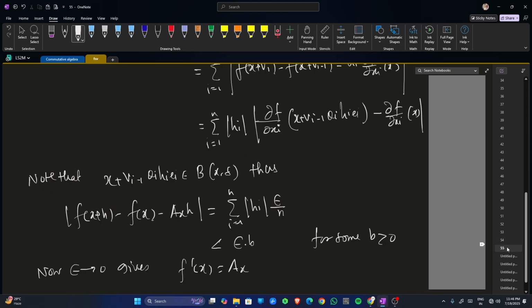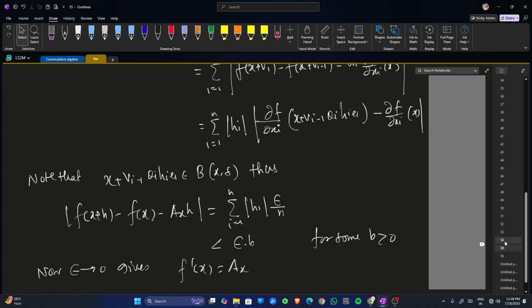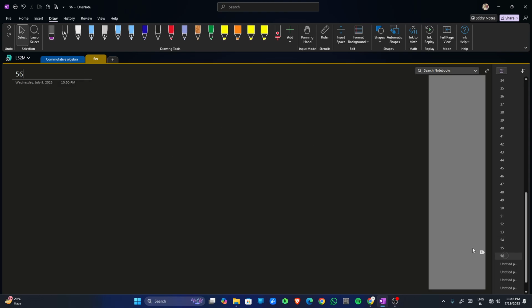Now it is easy to show that it is C1. Let y belong to E be any vector.